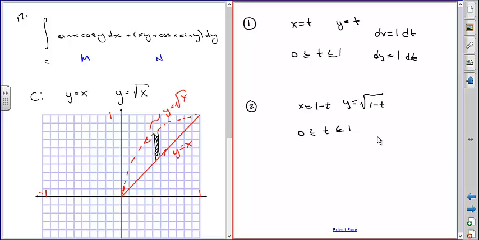And here you'd have dx equal to negative dt, and dy equal to negative 1 over 2 square root of 1 minus t, times dt.